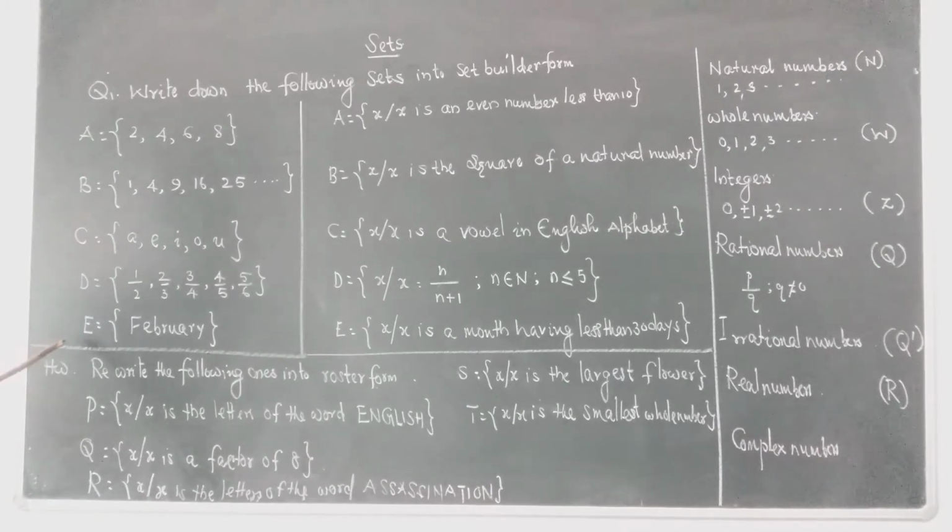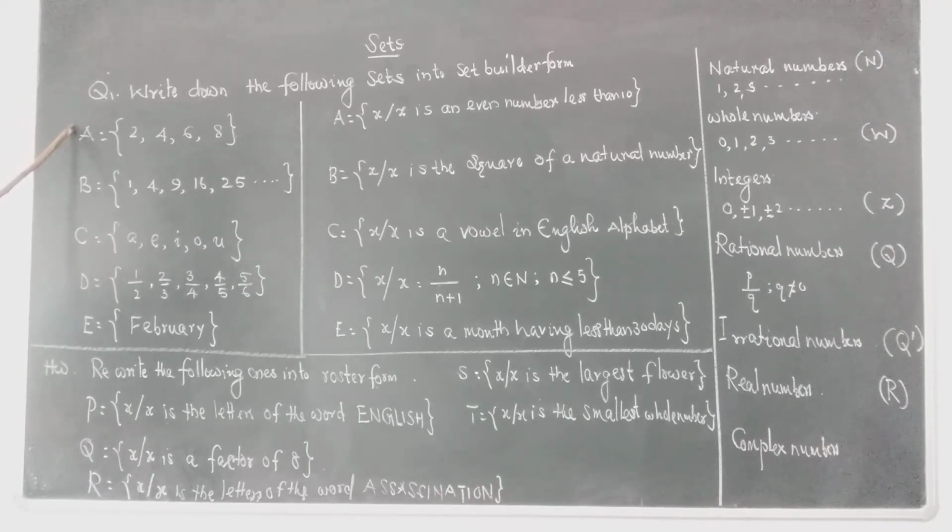Now comes E is equal to the set of February. What's the property of the month of February? It is the only month having less than 30 days in the calendar. So we put it down as E is equal to the set of x such that x is a month having less than 30 days. What can you learn here?